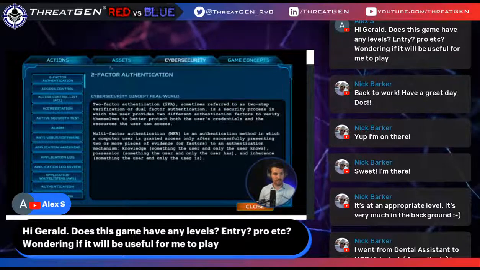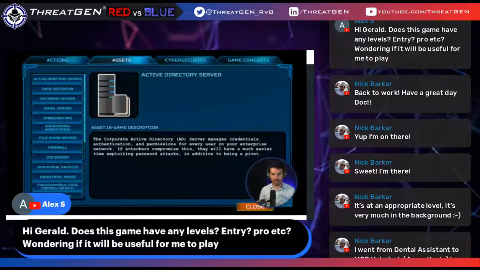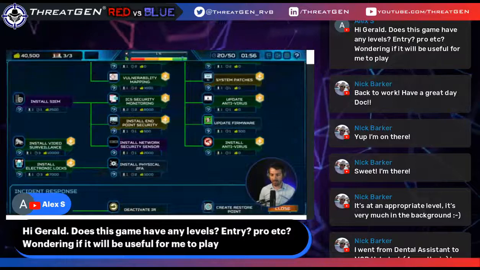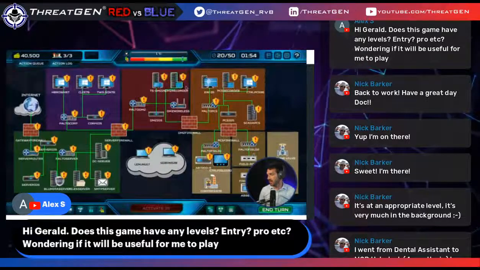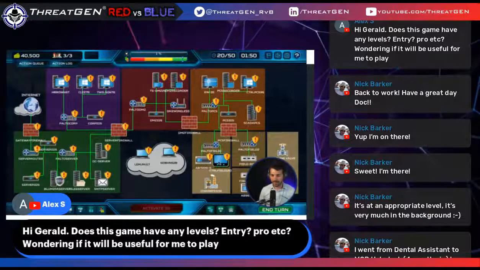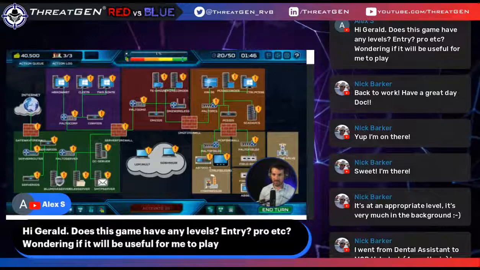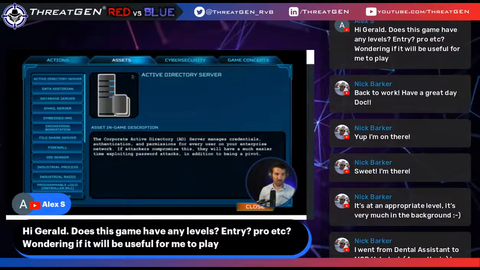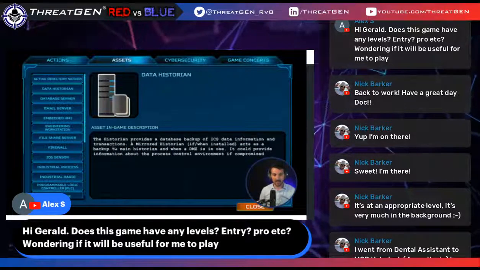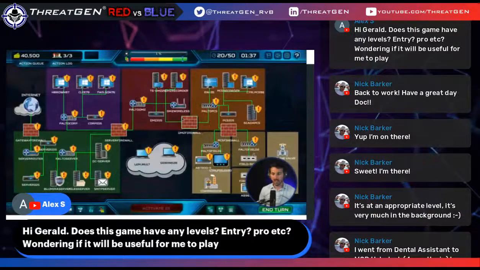And then it's categorized by these different assets, right? For me, I don't natively work in an oil and gas pipeline environment. So things like HMIs and data historians don't really make a lot of sense to me. So I can use the assets to understand a little bit more about it. So it gives you that learning capability.